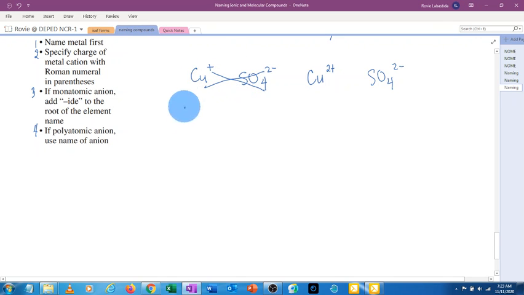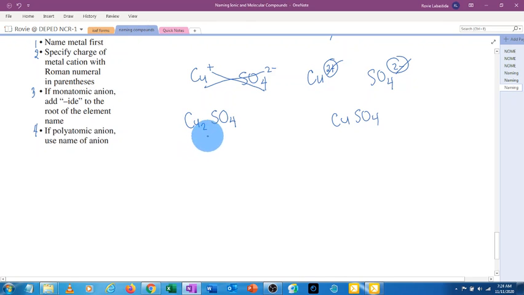Let's do the crisscross. So Cu2SO4. Bring down 2 here, then 1 there. There you go. And for this one, you can just cancel this out. Alright, so CuSO4. There you go. Or if you want to, you bring them down and then you express it in lowest term.